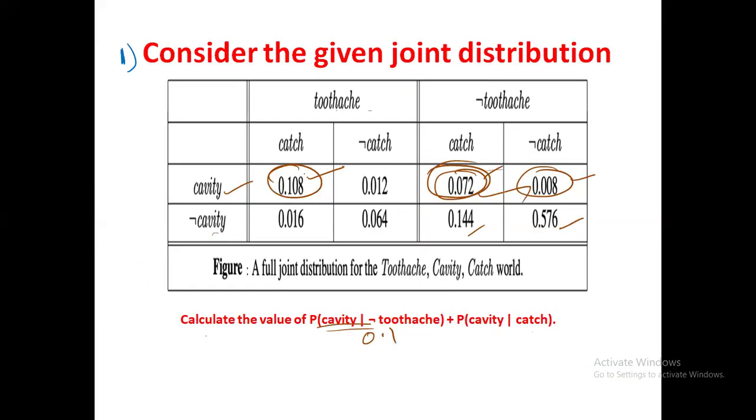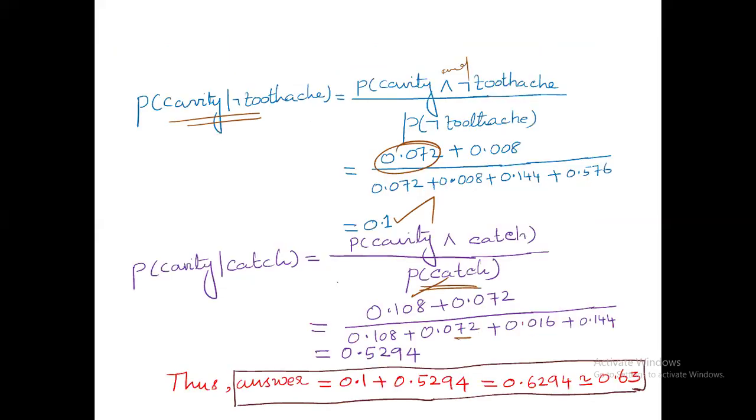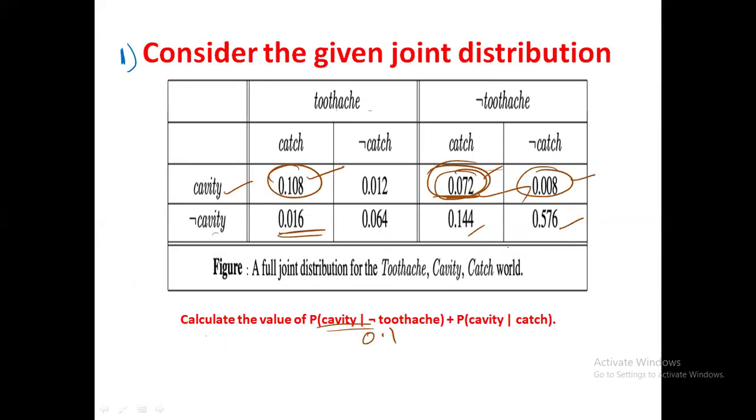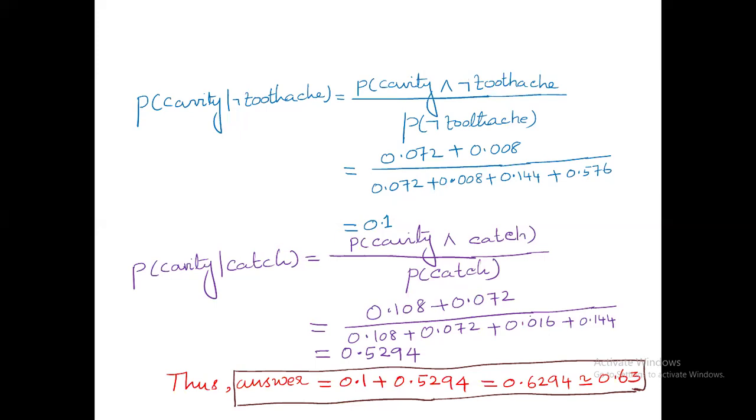So probability of catch: 0.108, 0.072 and 0.016 plus 0.144. We got it, and if we are adding all these values and dividing, we are getting 0.5294.